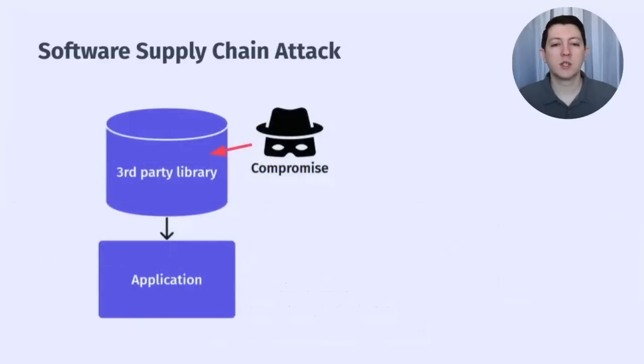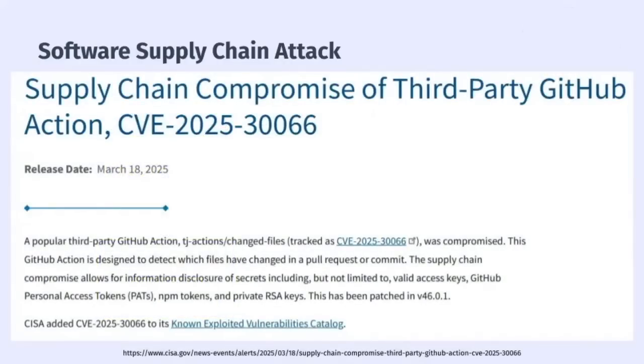So let's start with this software supply chain attack. In this case, it's not specific to AI. Some malicious actor compromises a third-party library that our application uses. Now, this happens not all the time, but it happens out in the real world. Here is an example from March 2025, where a popular third-party GitHub action was compromised.